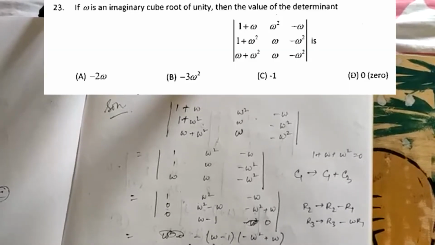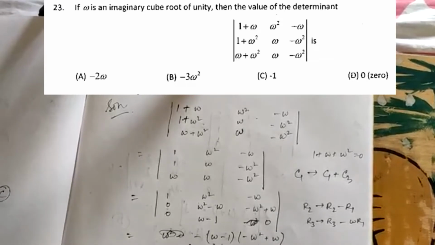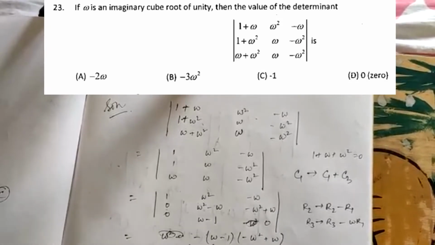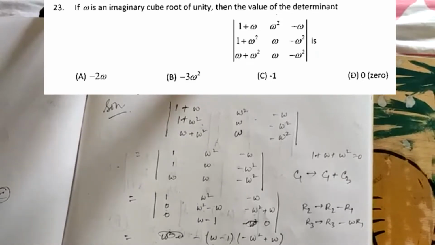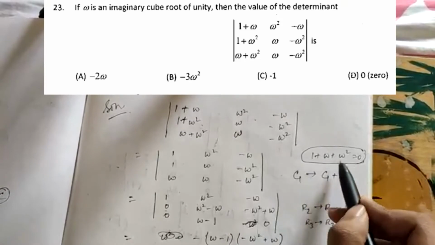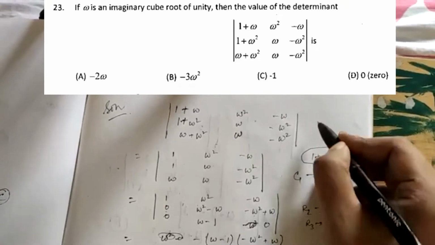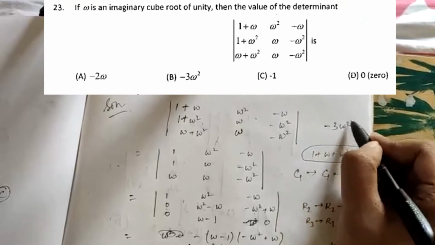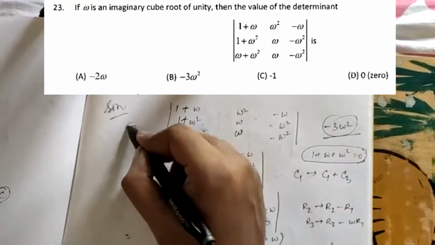So it will be (1 minus ω) and (ω minus ω square). If we simplify, it will come as ω minus ω square minus ω square plus 1, that is ω minus 2ω square plus 1, and substituting accordingly, you will get the answer as minus 3ω square. Option B will be the correct one.